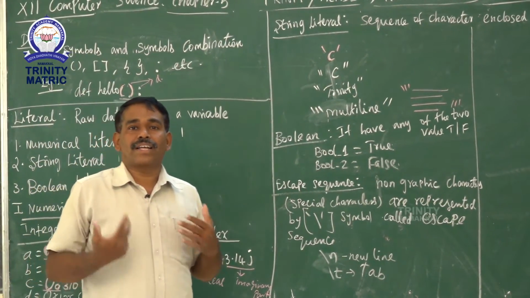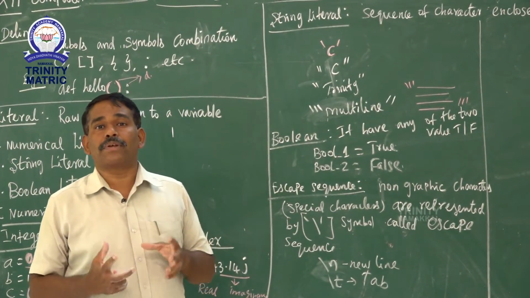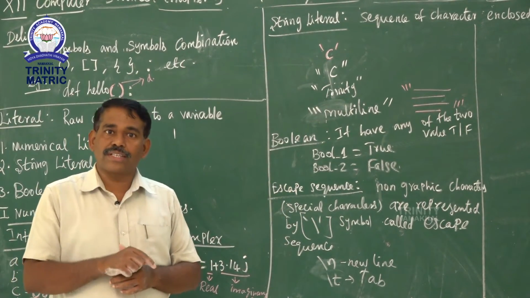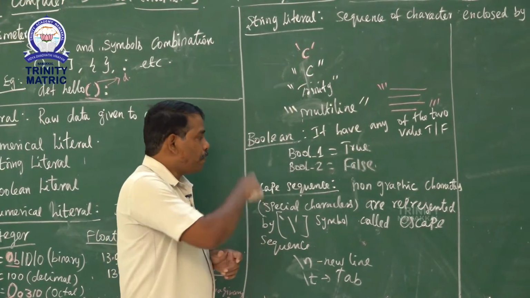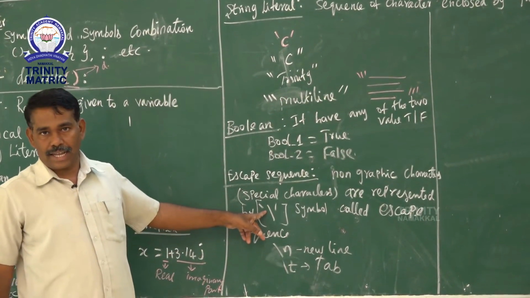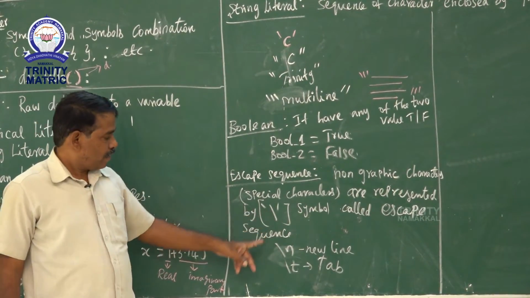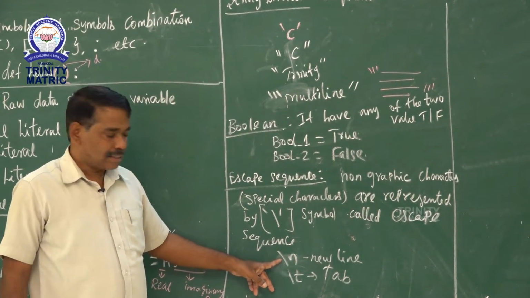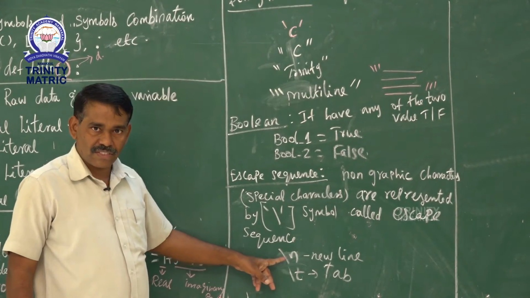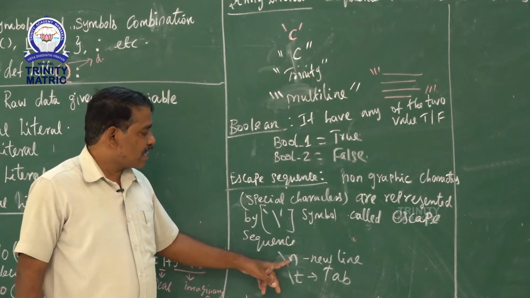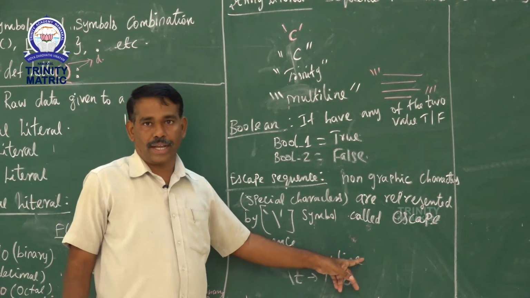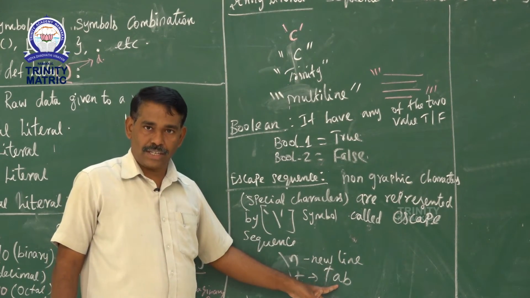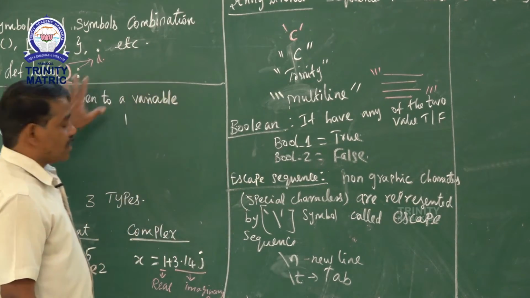These are represented by prefixing a backslash. See two examples: backslash n refers to the new line character, and backslash t to the tab character. So these are the literals.